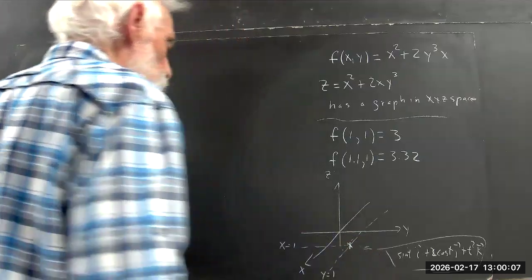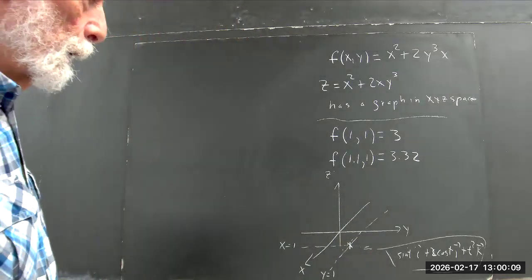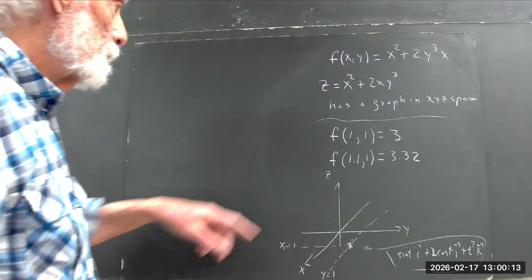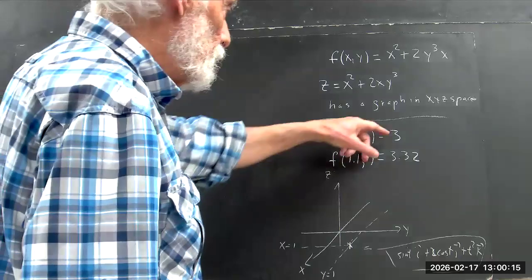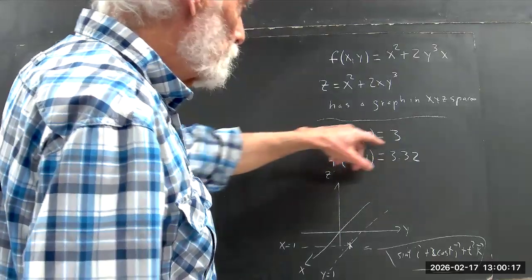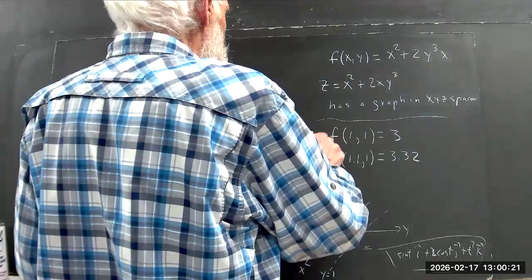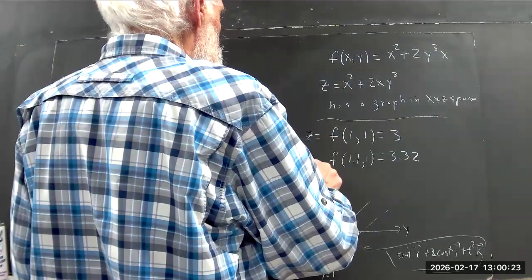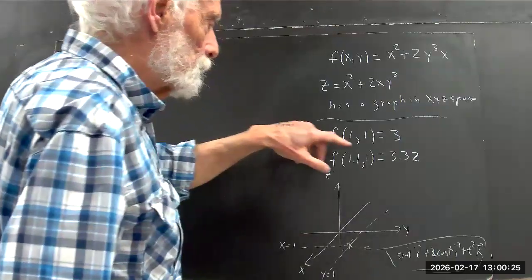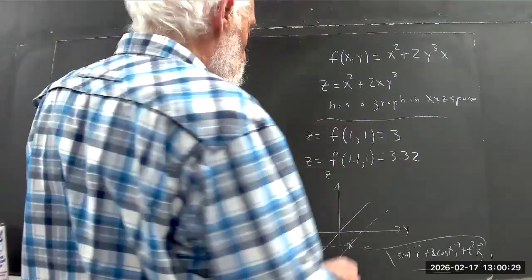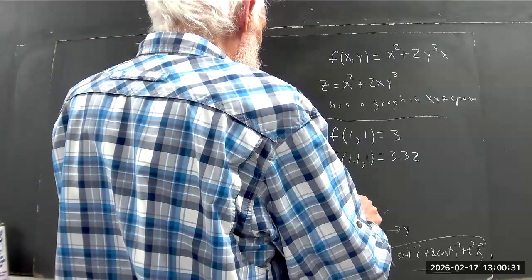And that's a point down here in the xy plane. Now, the value is 3. That means x is 1, y is 1, and z is 3. So we come up 3 units here.